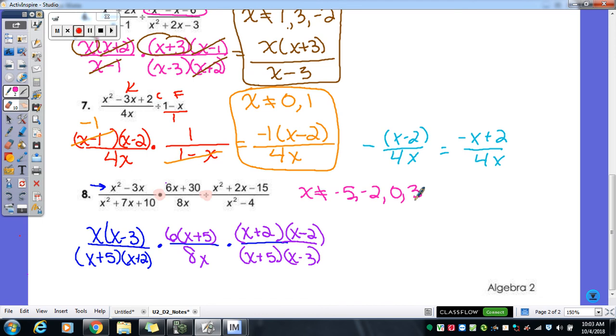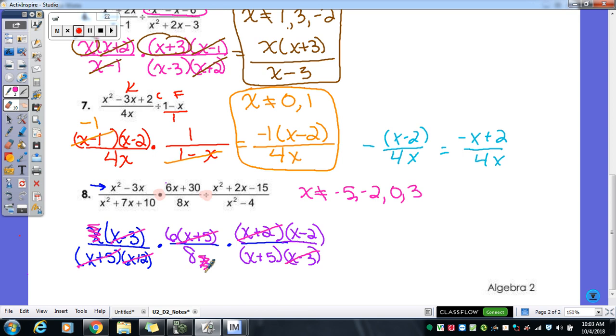All right, let's start canceling. It's always my favorite part. I love canceling these things out. Yep, so remember, x plus 5 can only cancel out one of the x plus 5s in the bottom. 1 for 1. X plus 2, x plus 2, x minus 3 with x minus 3. Now this x will cancel with just the x from down there. The 8's still there, but the x's will cancel with each other.